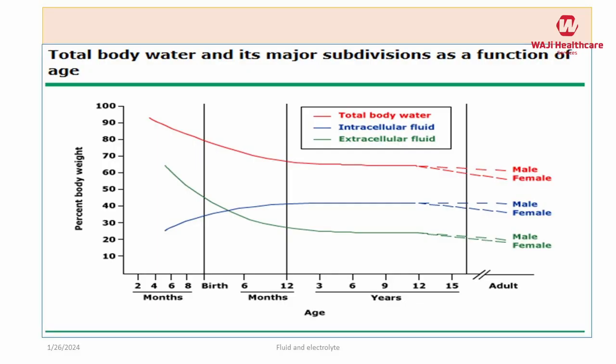This is to show the distribution based on our age. In the neonatal period, our body is mostly water, but progressively, as our age progresses to around 12 to 15 years, we reach up to 60% body fluid.